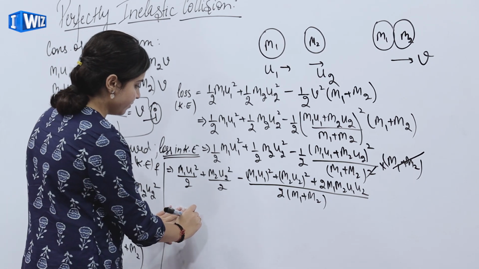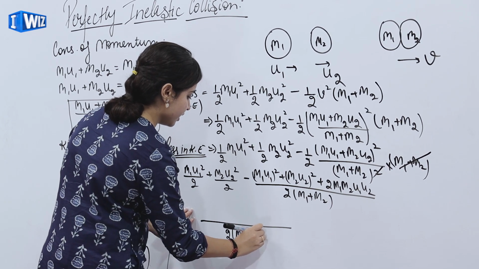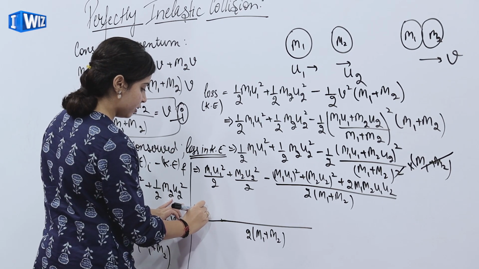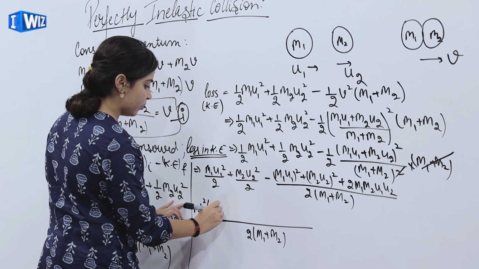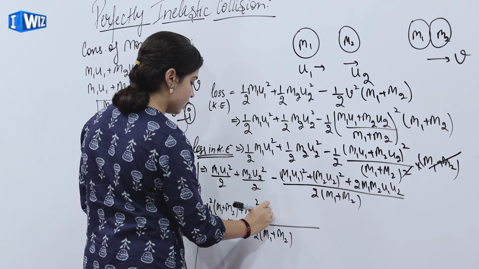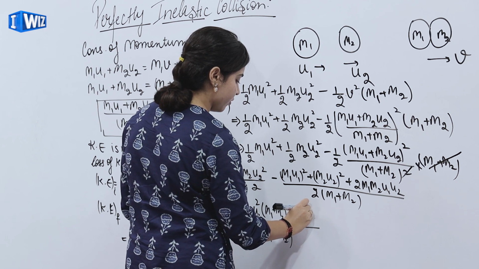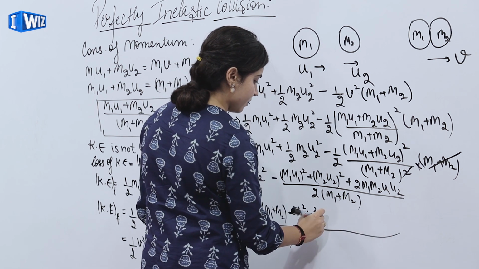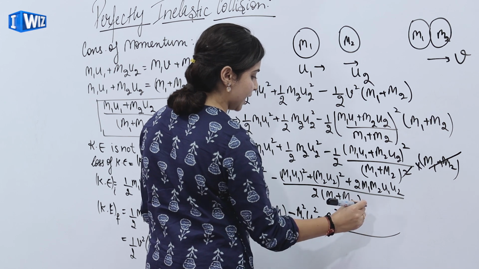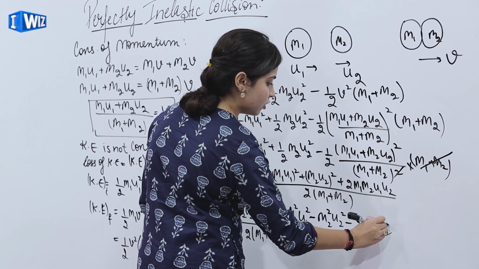Now we'll take the LCM, 2 (m1 plus m2). So we'll get m1 u1 square into (m1 plus m2) plus m2 u2 square into (m1 plus m2) minus m1 square u1 square minus m2 square u2 square minus 2 m1 m2 u1 u2.